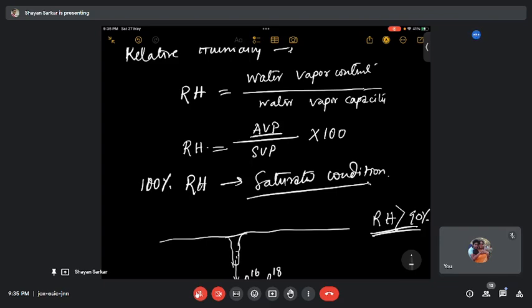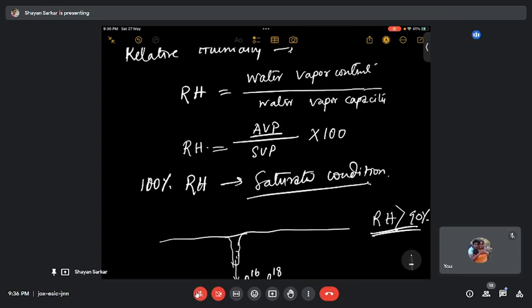Water is evaporating in a closed room. So what will happen? The amount of water vapor inside the room will increase. Yes or no? So that will increase the relative humidity.